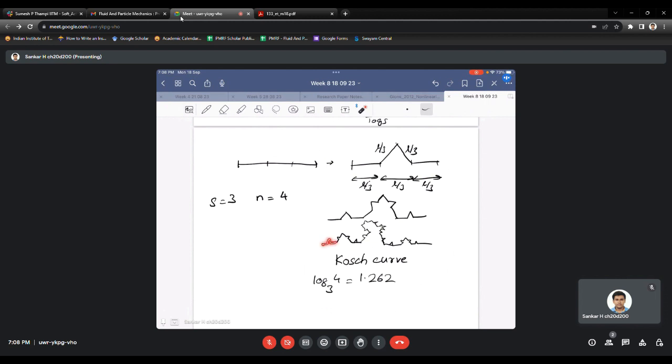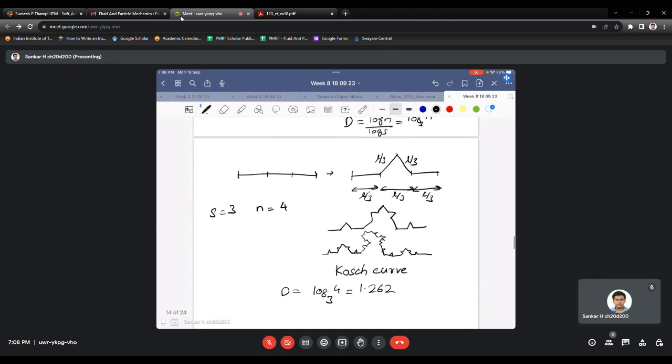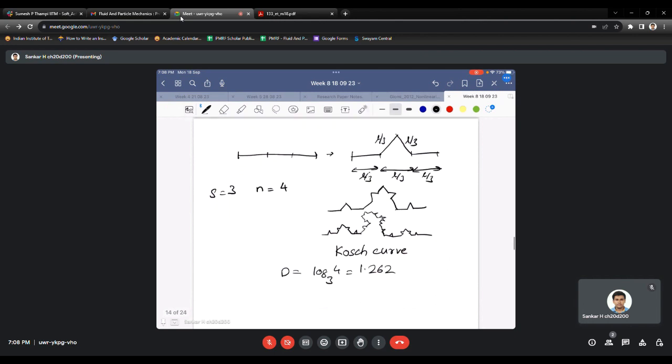So this series of lines has a dimensionality of 1.26. That means some two-dimensional characteristic has come up as a result of this.